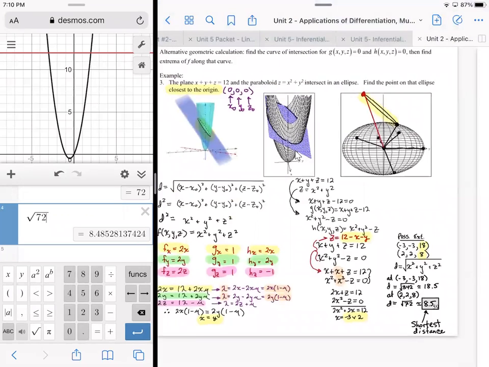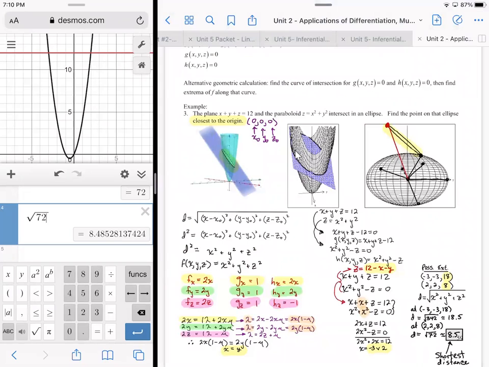All right, but you can see here it's a pretty beefy process. A lot of stuff going on, and in fact, the easiest part I'd say was actually finding the derivative. The calculus was nothing. The understanding of the setup was pretty tricky, and then from there the algebra.